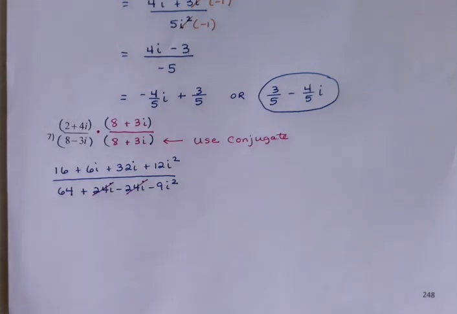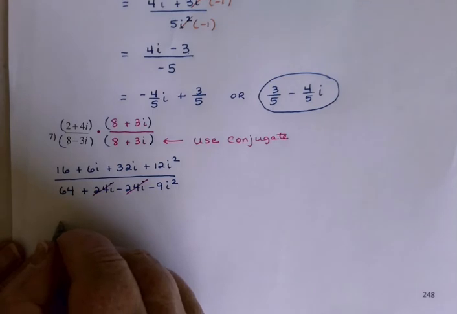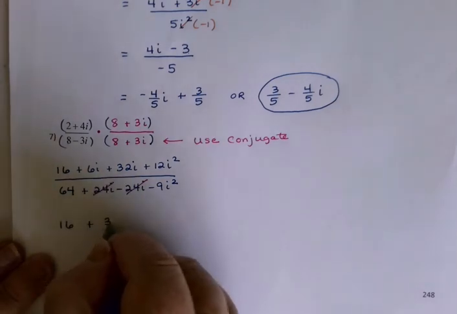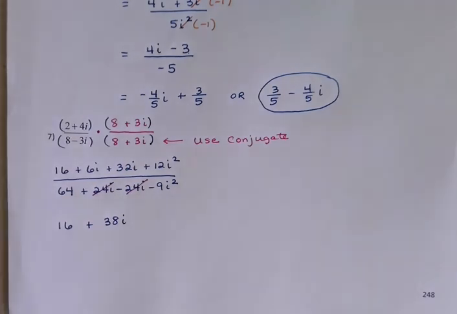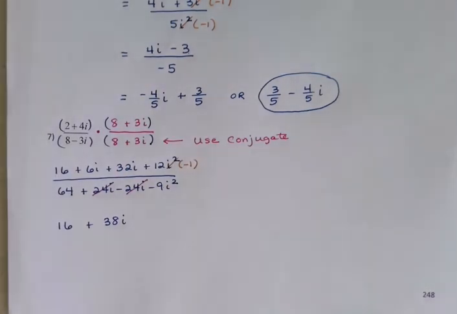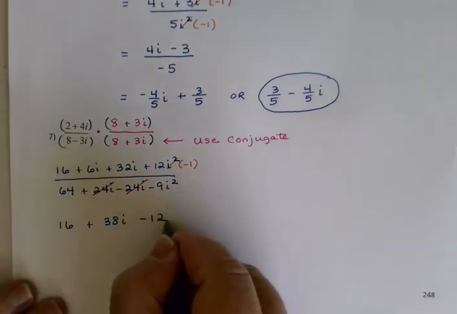And then let's go ahead and simplify a bit on the rest of this. So on the top, I've got my 16. When I add those, I'll get a plus 38i. And then this is really 12 times negative 1, the value of i squared. So I'm going to write that as a minus 12.